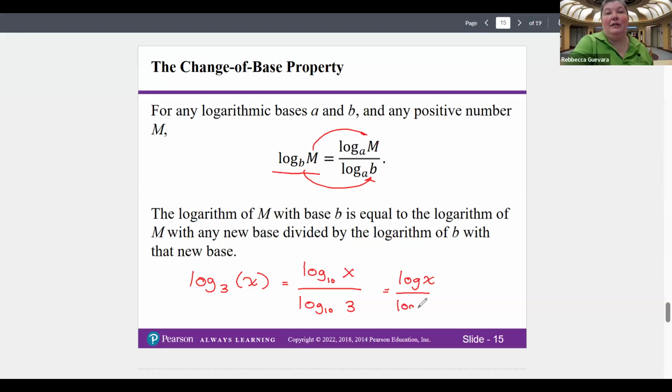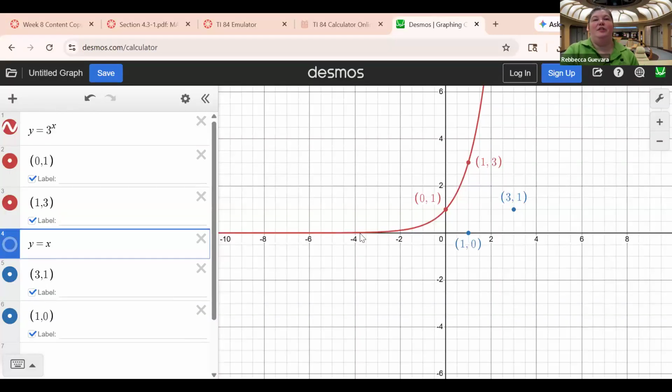So since your calculator can handle a common log, I could actually look at a log base 3 with my calculator now. So it's the demonstration right here. This is going to be 3 to the x.